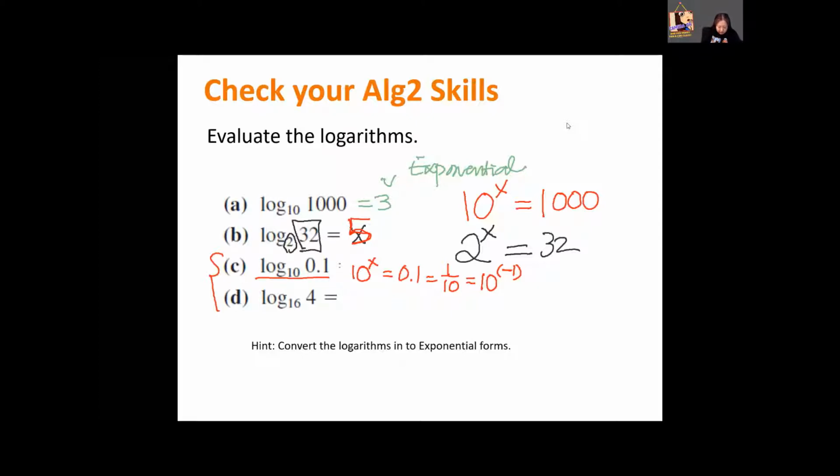Okay, quickly, next one. Then 16 to the power of x is 4. Okay, then now, the problem is we don't have the same base in this equation. We have to rewrite the bases as the same. But good news is 16 is a multiple of 4.